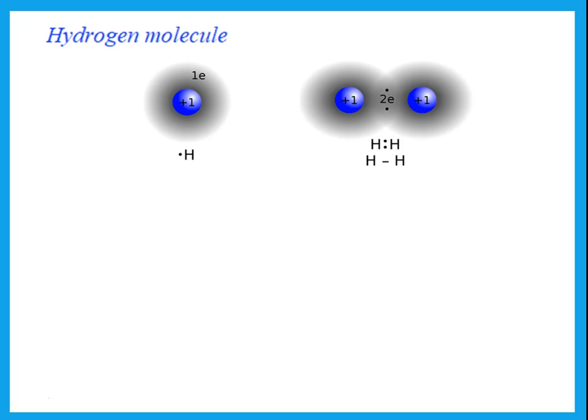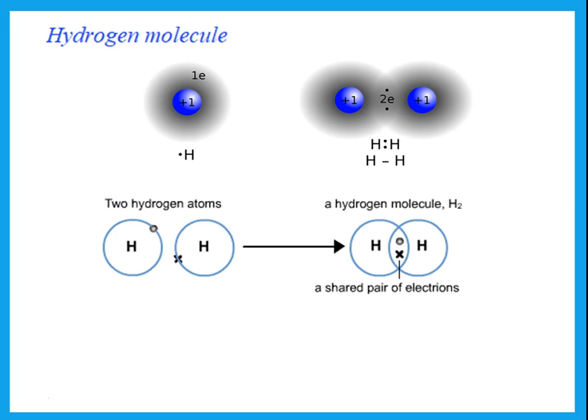So that means that I need 2 hydrogen atoms. Each of them has 1 electron, but if they share these electrons, these 2 electrons will belong to both of them. And that means that each atom now has a full outer shell. To draw the dot and cross of this, you can either use circles.